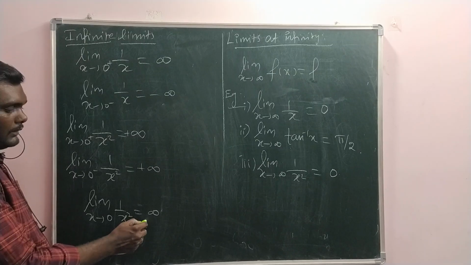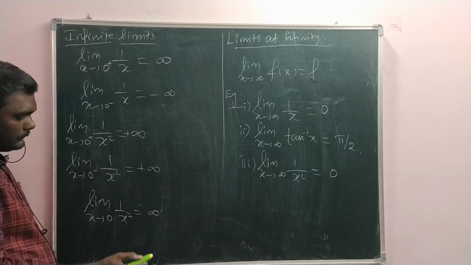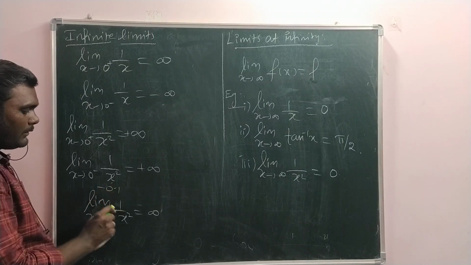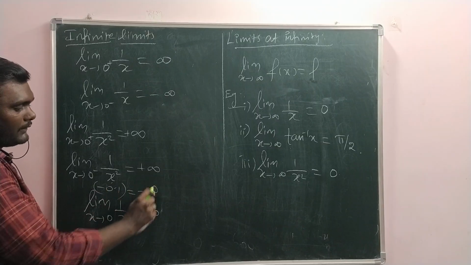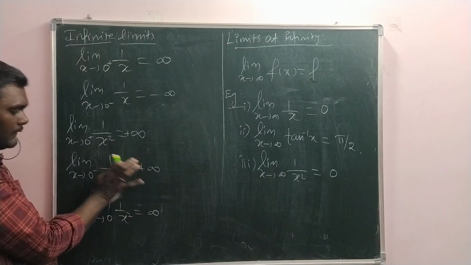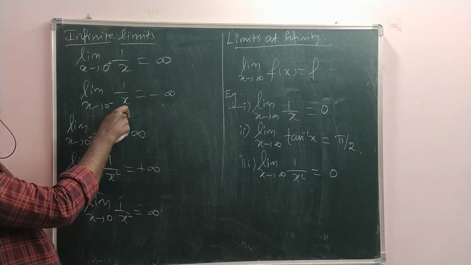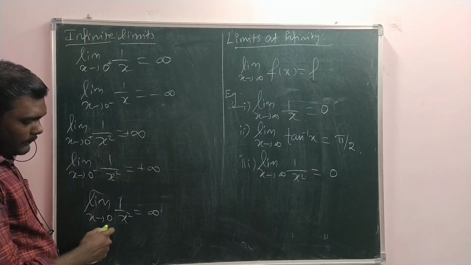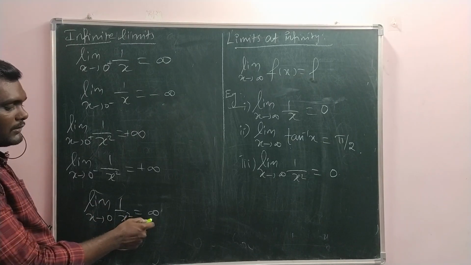But x square is positive. When you put minus 0.1, what is it? Minus 10, plus 10, right? We have discussed both cases. Shall we discuss again? Okay. So now here limit x approaches 0, 1 by x square approaches infinity.